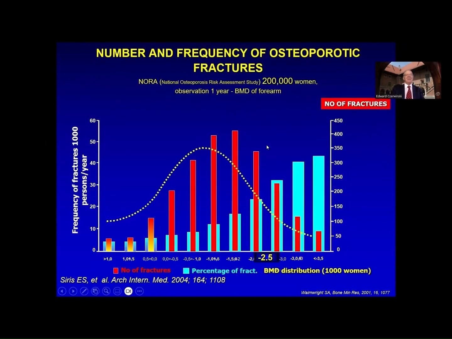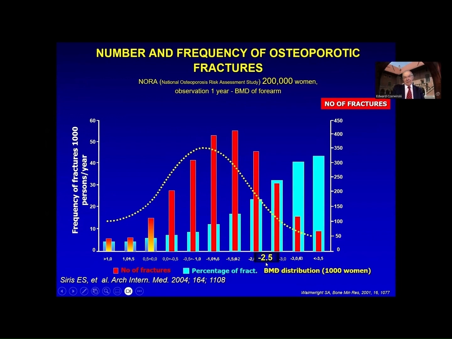But this is the most often shown slide of CRFs. Here we have in red the number of fractures, and this is the distribution of fractures.